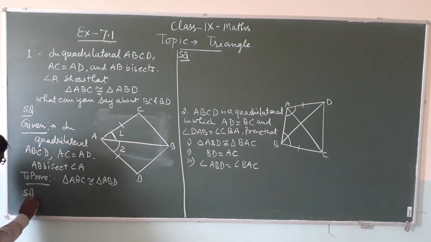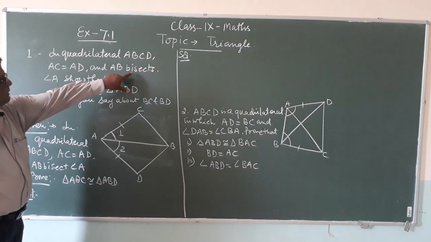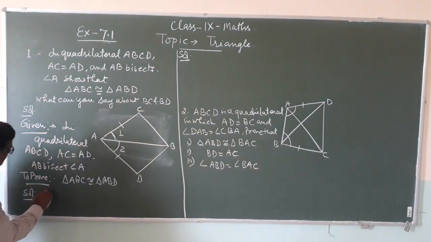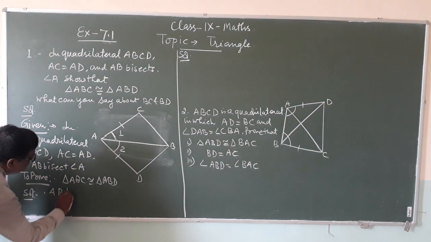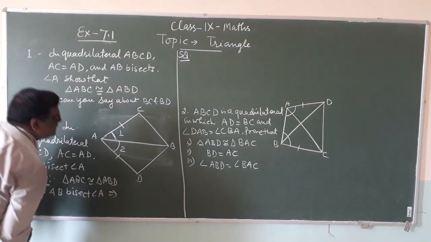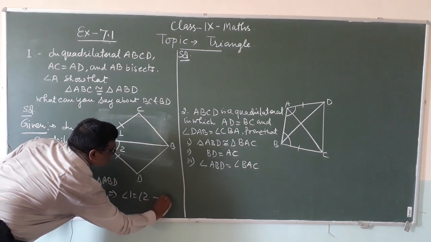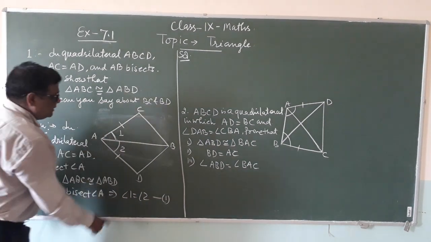Here, AB bisects angle A. Since AB bisects angle A, this implies that angle 1 is also equal to angle 2. This we take as equation 1. This is also given.